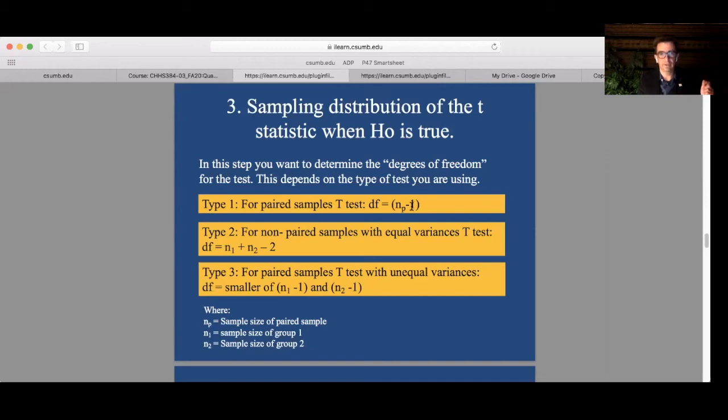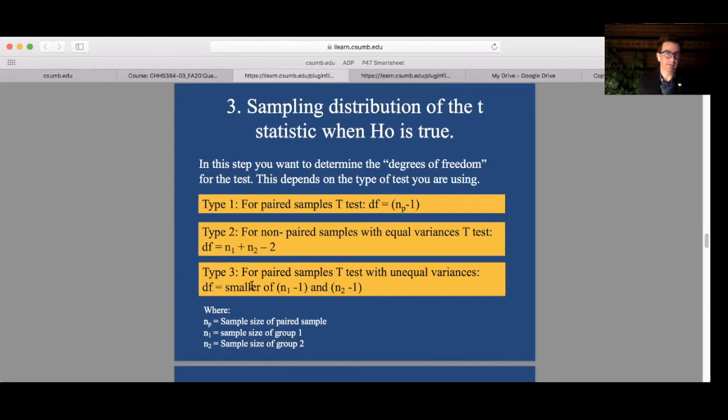If there's 50 pairs of observations, then n will be 50, right? But if it's a t-test for non-paired samples with equal variances, then the degrees of freedom is given by the number of observations in one group plus the number of observations in the other group minus 2.